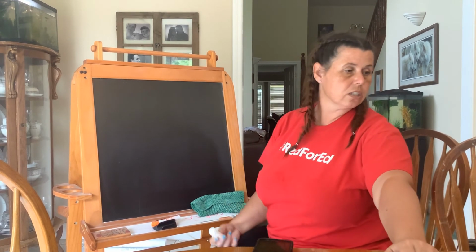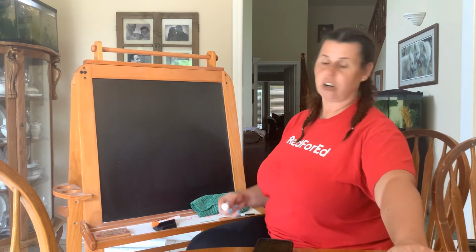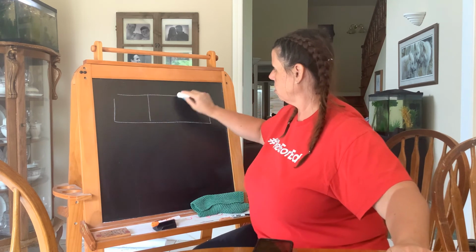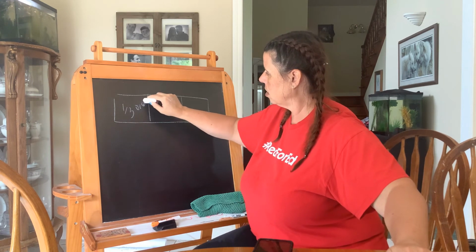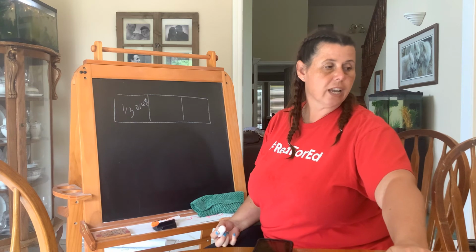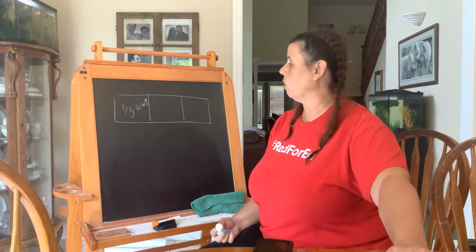Now, draw a model to solve this problem. 1/3 of the fish in the tank are orange. Okay, so I'm going to cut it into thirds. 1/3 are orange. Okay? The rest are yellow and blue. There are 9 more yellows than orange.